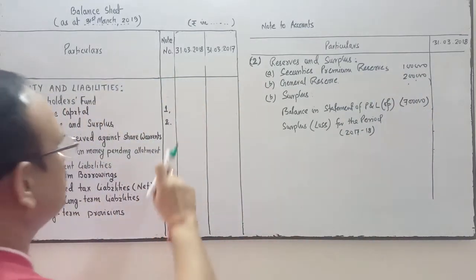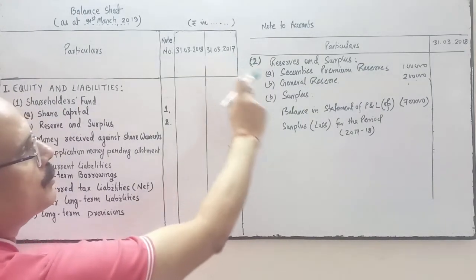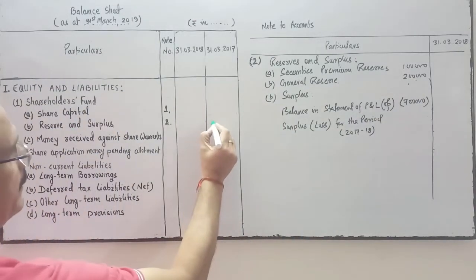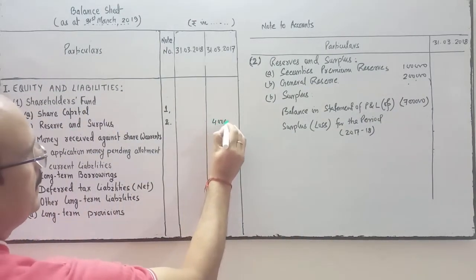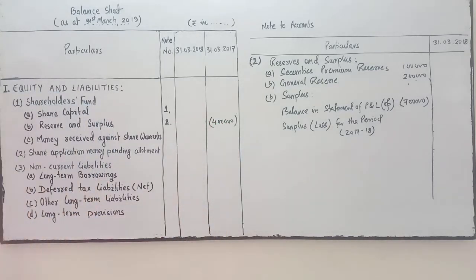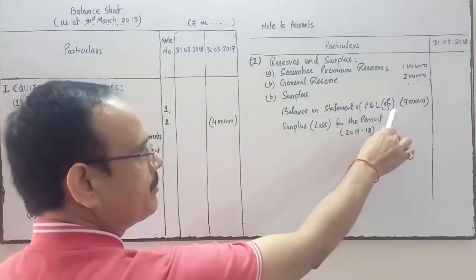So if you see the last year, in 2017, 3 lakhs minus 7 lakhs, it's 4 lakhs minus. Is it clear? 4 lakhs minus in surplus of last year balance.